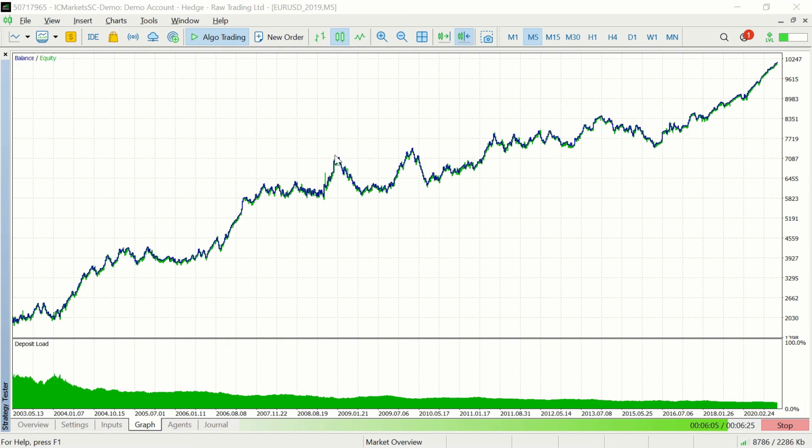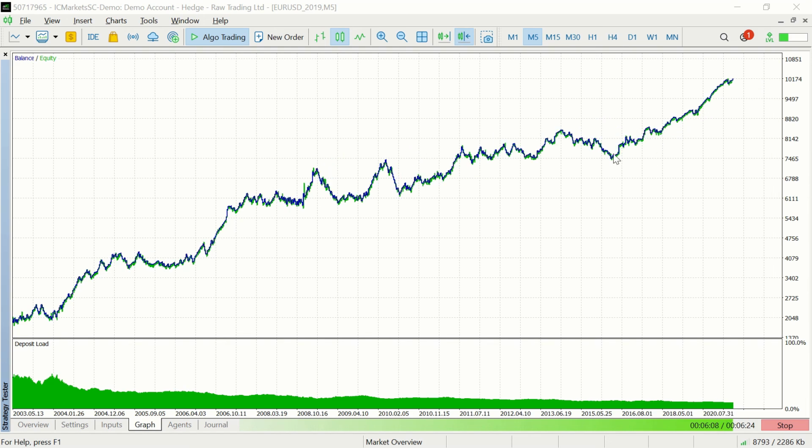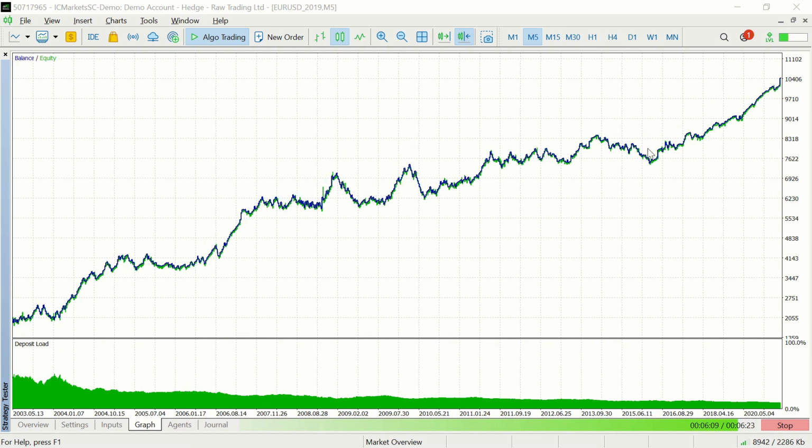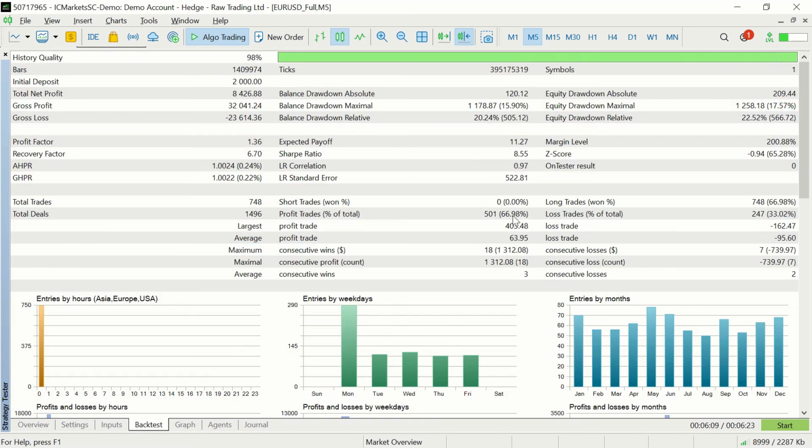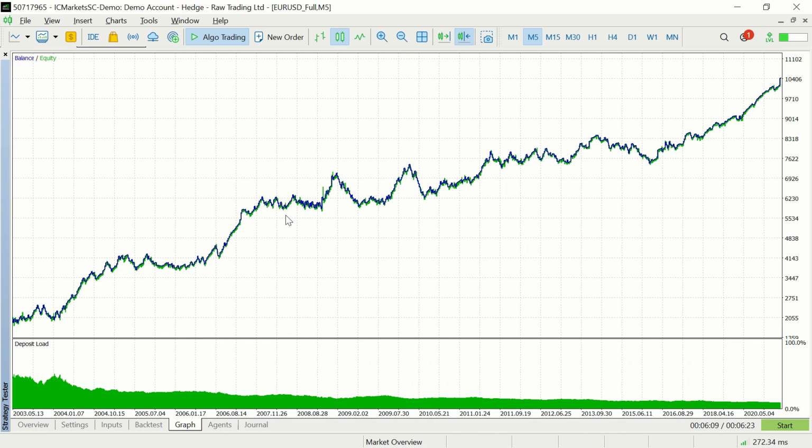These are the biggest drawdowns here and here. And recently the drawdowns have been more minimized. And each trade is actually 1%. So it's a consistent strategy. And the win rate is about 67%, if you're using a 3 pip spread on all the trades. If you get better spreads, then the win rate will increase. So this is the strategy that I had for you in this episode.